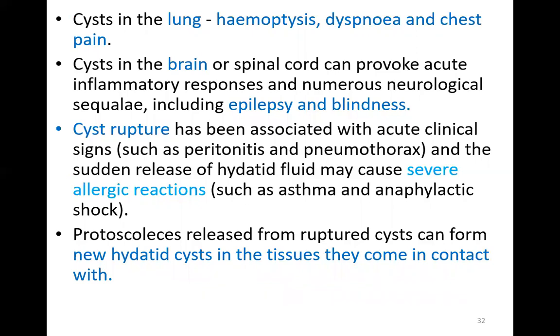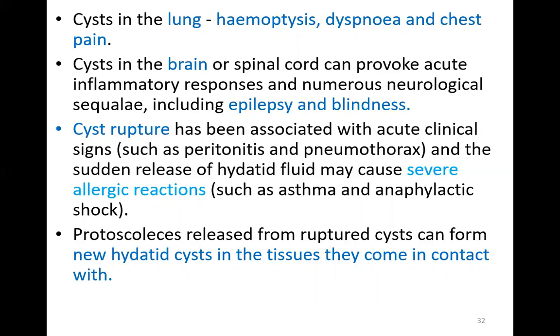Cyst rupture can occur sometimes, and it is associated with acute clinical signs such as peritonitis and pneumothorax, and the sudden release of hydatid fluid, severe allergic reactions such as asthma and anaphylactic shock.